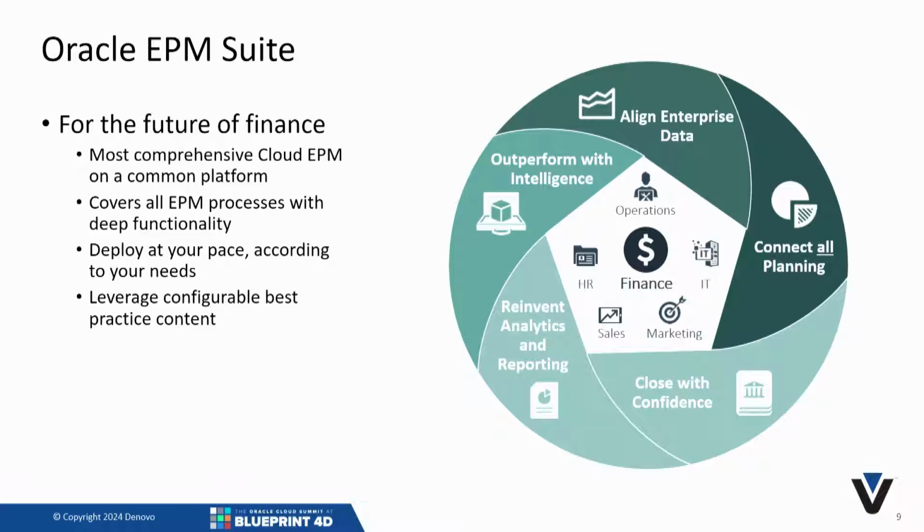There's a lot of AI embedded. EPM has been the driver of predictive planning and some of the AI capabilities for Oracle over the last decade, and that's certainly more and more. And then the top part is enterprise data. So if you have Oracle EPM, you have a snippet of EDM, Enterprise Data Management.